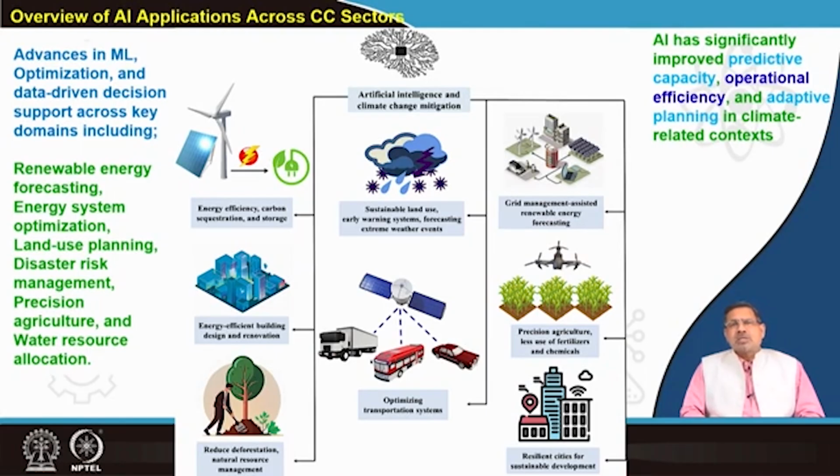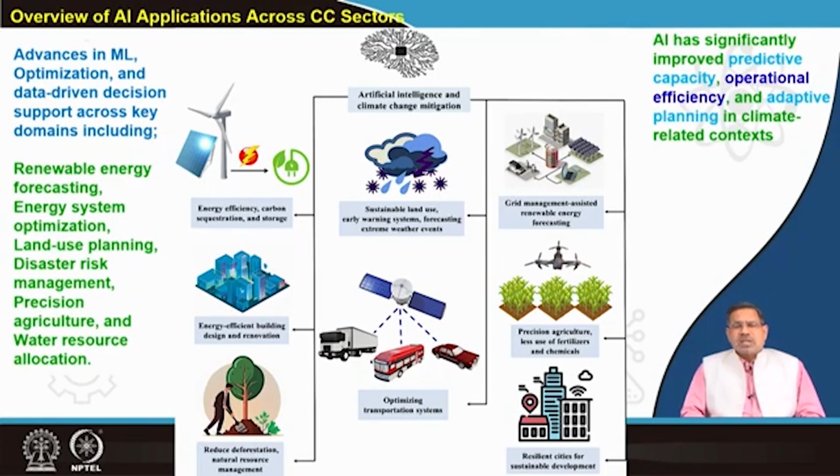Coming to the sixth one, it is with respect to grid management, which assists in renewable energy forecasting, that is how much we can store, how much is the demand and how much is the surplus or necessity. That way the grid management is done as far as the renewable energy sector is concerned.